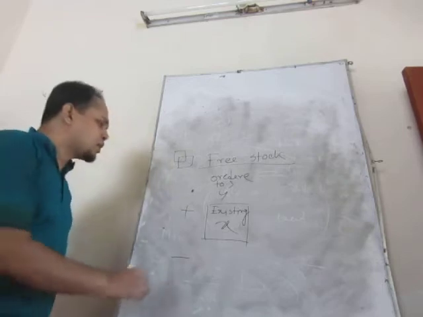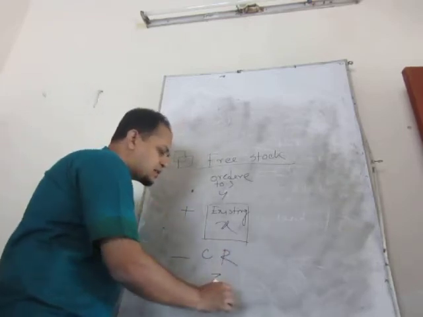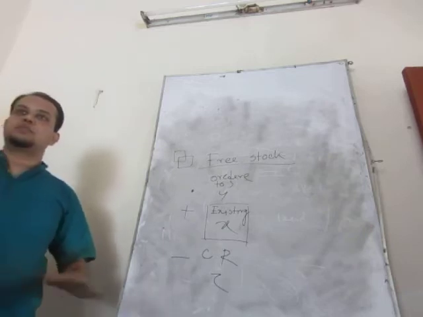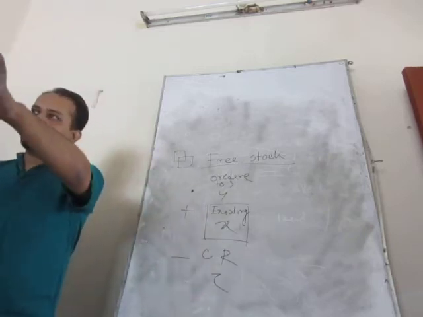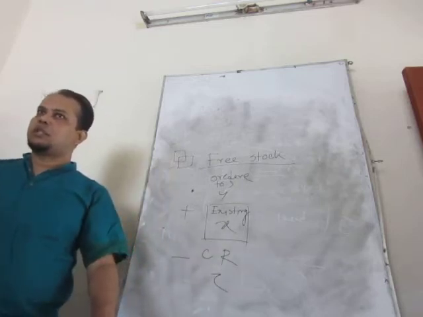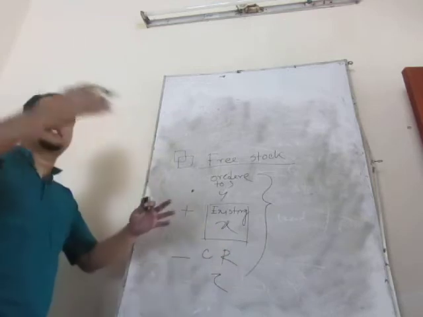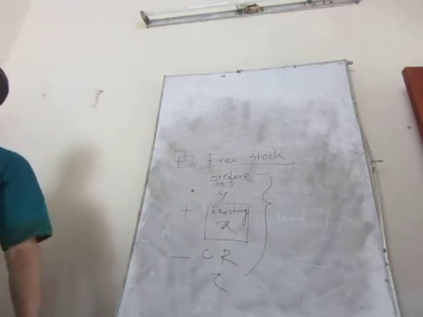Meantime, your customers' requisition is Z. Your customer has requisitioned this amount from you, but you still have not provided it. Clear? So after 2 days or after some specific time period, what will be your free stock amount?